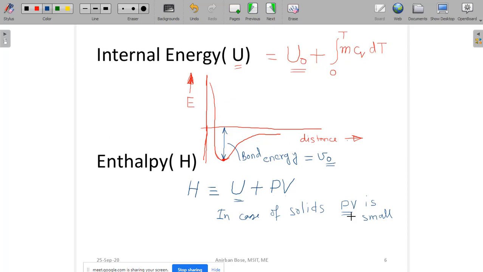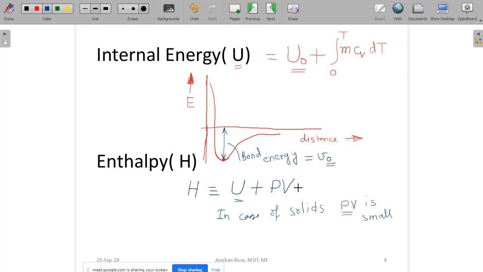In this particular course the materials we are discussing are mainly solids, and in those cases we are going to neglect this PV term. But definitely remember, in case of gases this PV term is very large, and that is why for calculating enthalpy you have to consider it. In case of solids it's all the same, whether you call it internal energy or enthalpy, because this PV term is negligible.